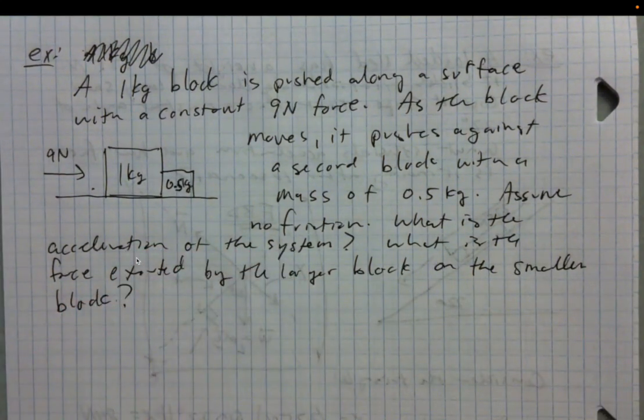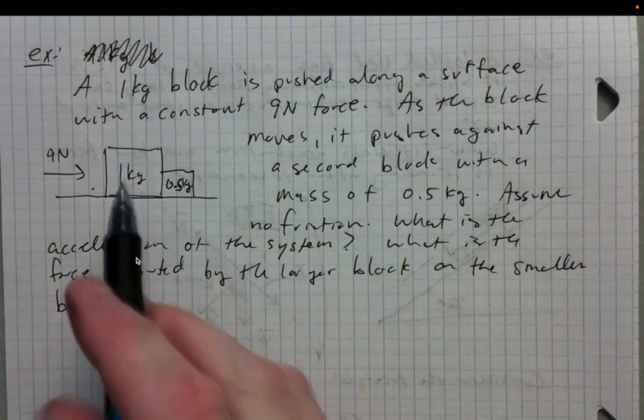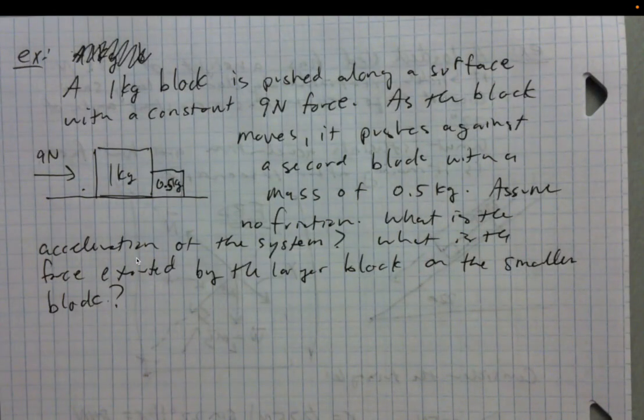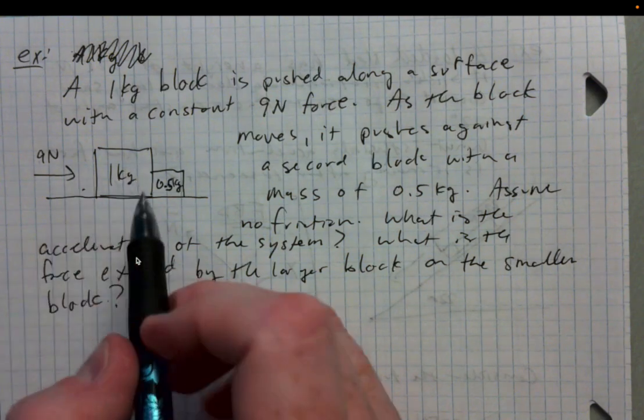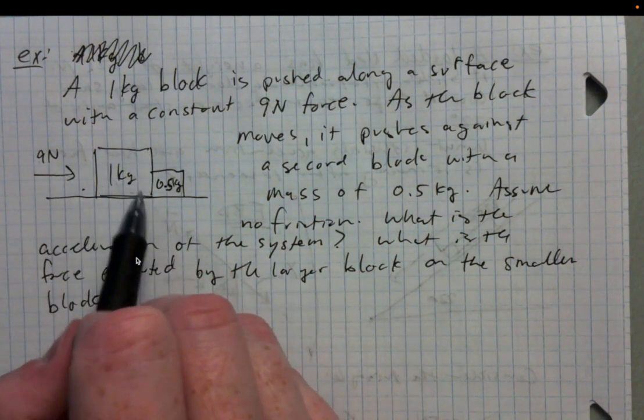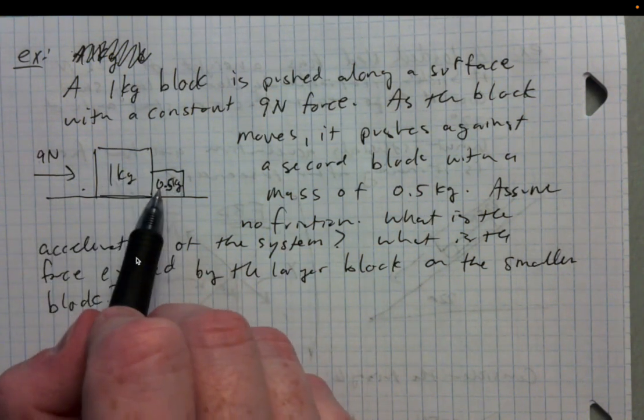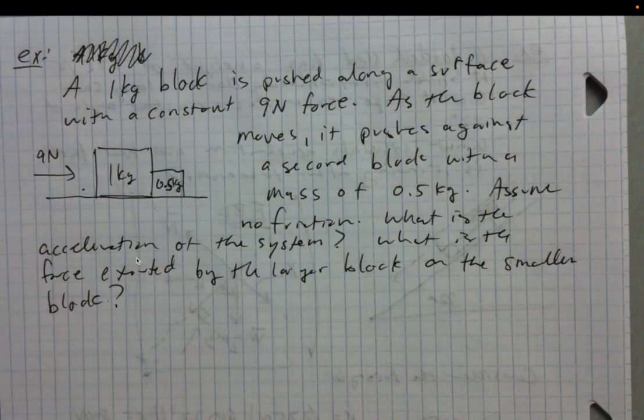Okay, so two questions here. What's the acceleration of the system? You think of this thing as one unit. Obviously, it's going to accelerate together. What's that acceleration look like? And then secondarily, the big block is pushing on the little block. How much is the big block pushing on the little block? A slightly different kind of question, a little bit subtle.